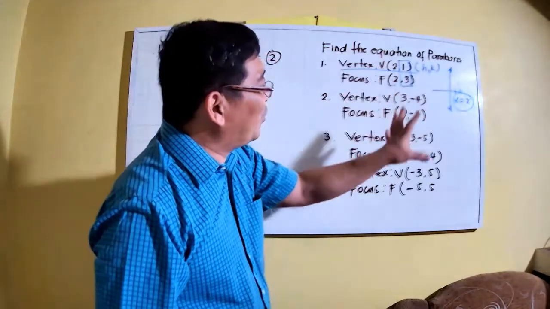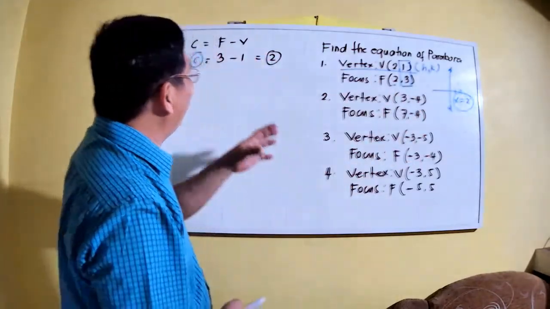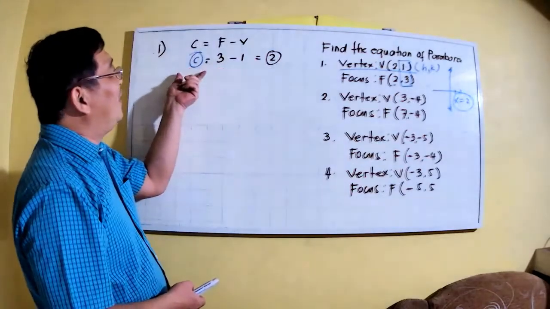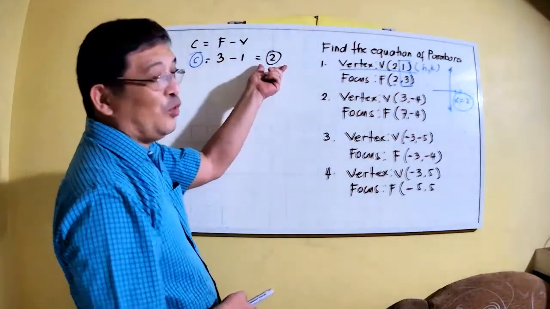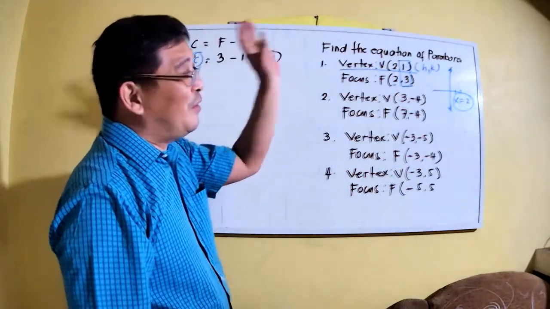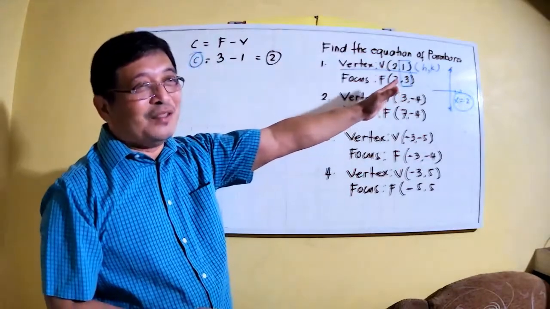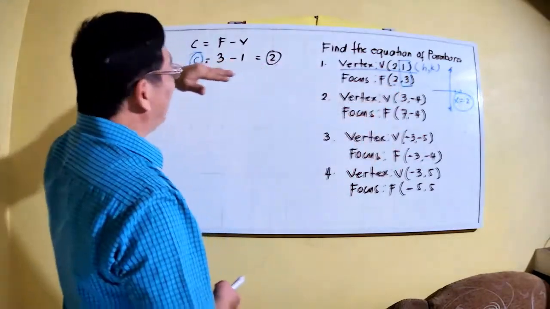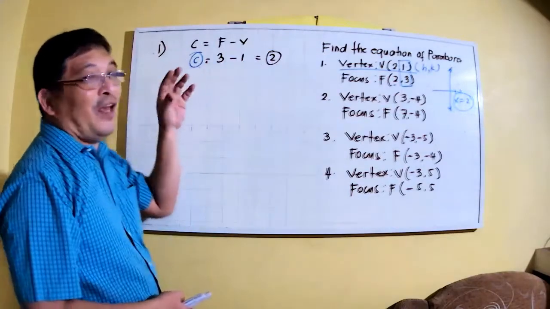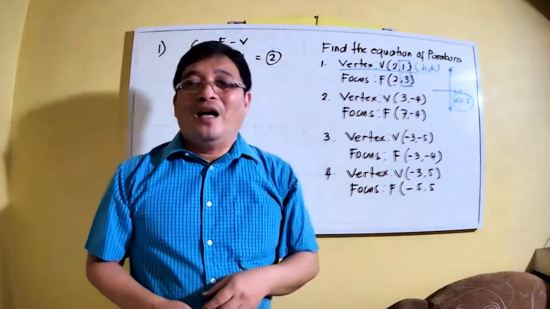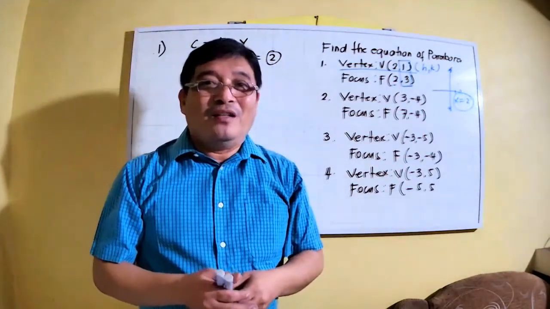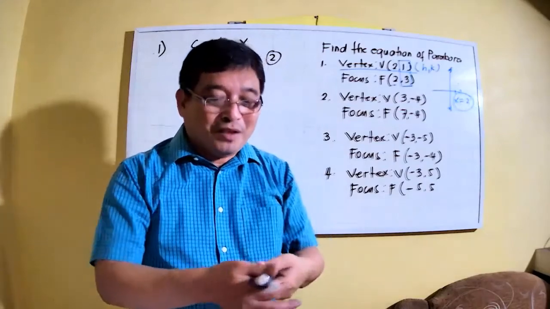So, may conclude na natin, and then alam natin that the value of c is positive 2. So if this is vertical axis of symmetry, and then we have c is positive, then we have a graph of a parabola that opens upward. So anong formula yung gagamitin natin?